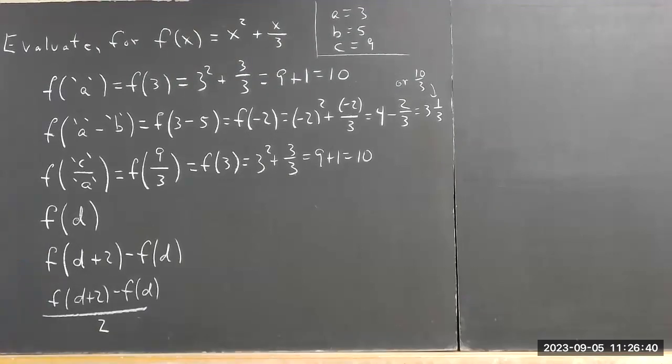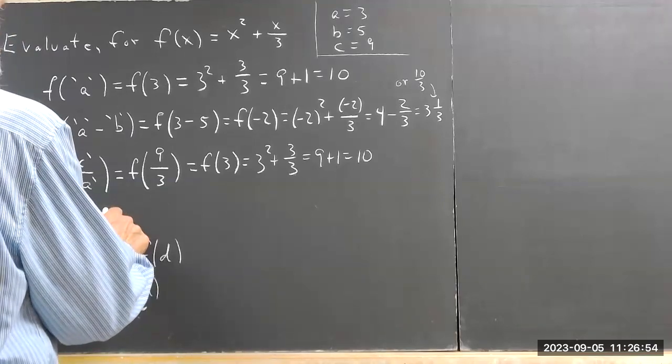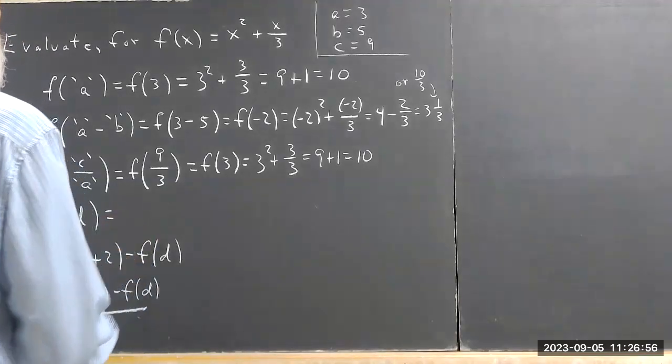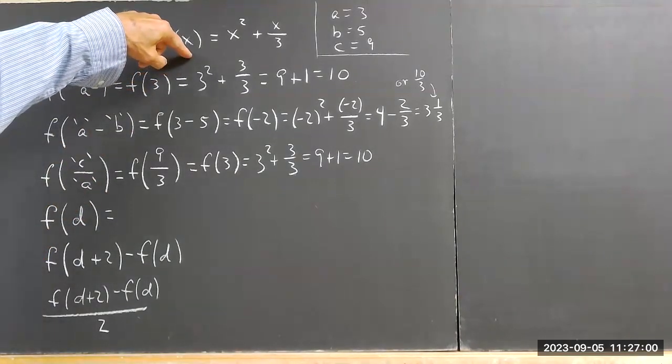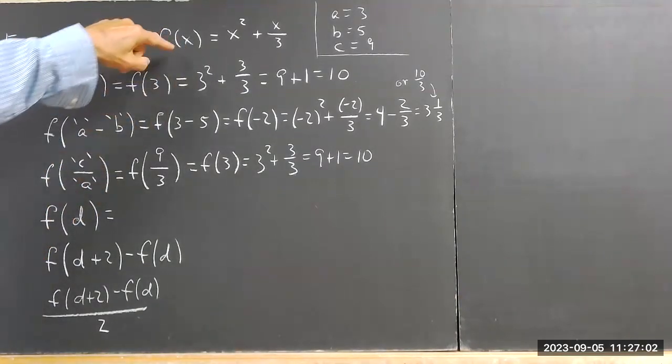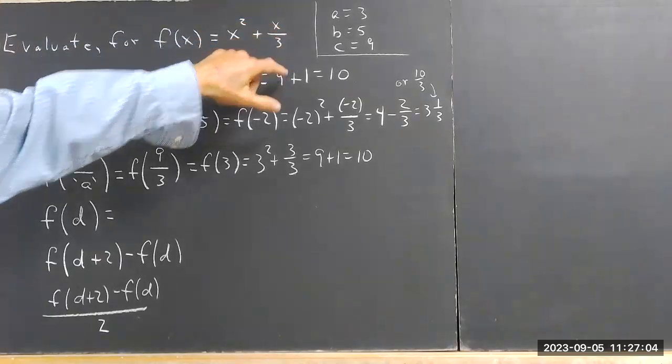Now we get down here and we're not going to have numbers. I mean, there's a number here, there's a number here, and there's a number here, but we don't have numbers for d. So what's f of d? Well, d has replaced x, hasn't it? If d has replaced x, then we replace all the x's.